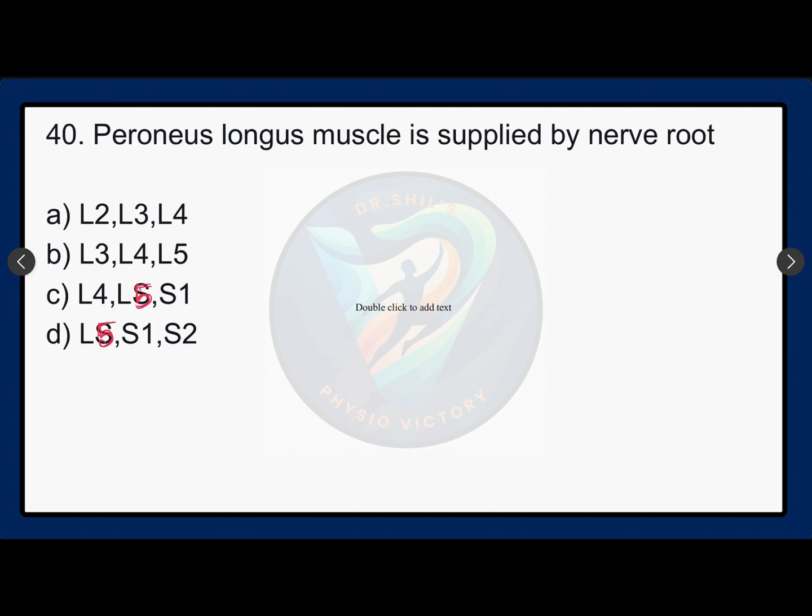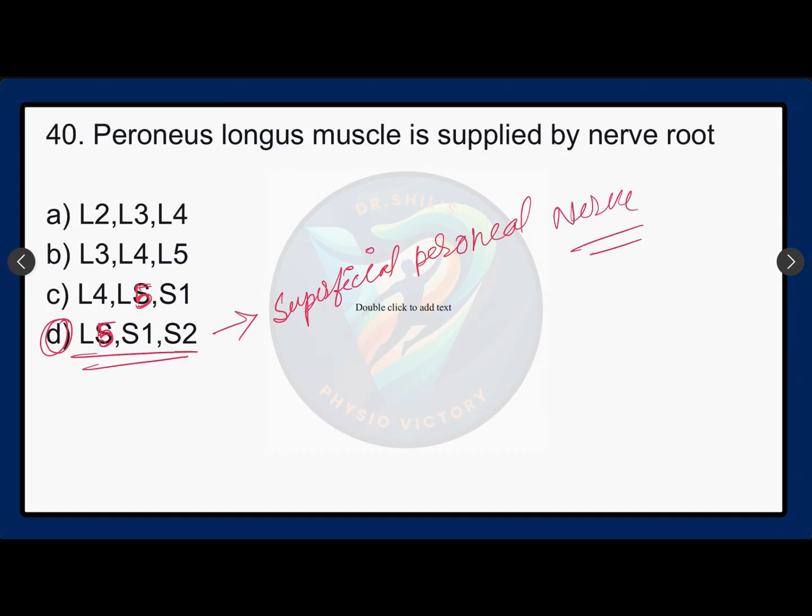Here the correct answer is option D, L5, S1 and S2. The nerve is superficial peroneal nerve. Tell me in the comment box what is the function of peroneus longus.